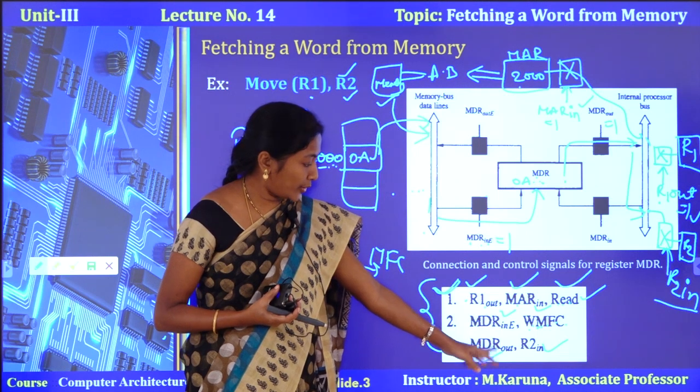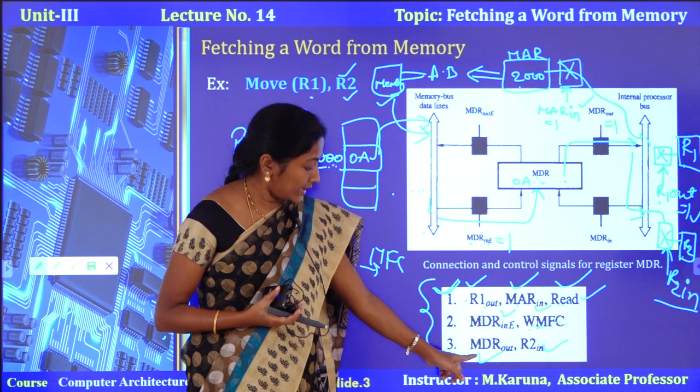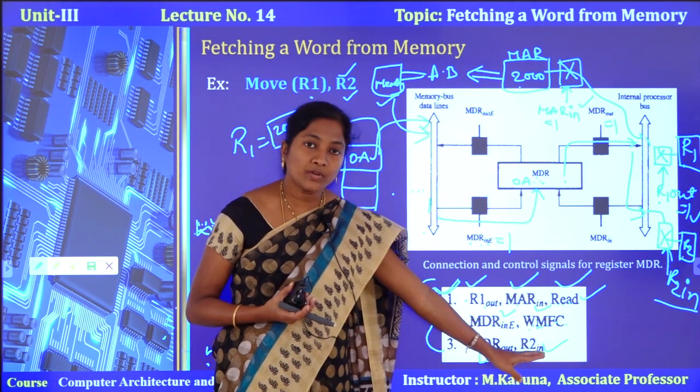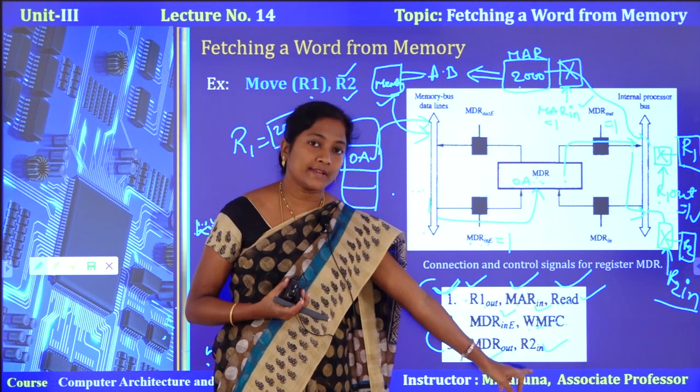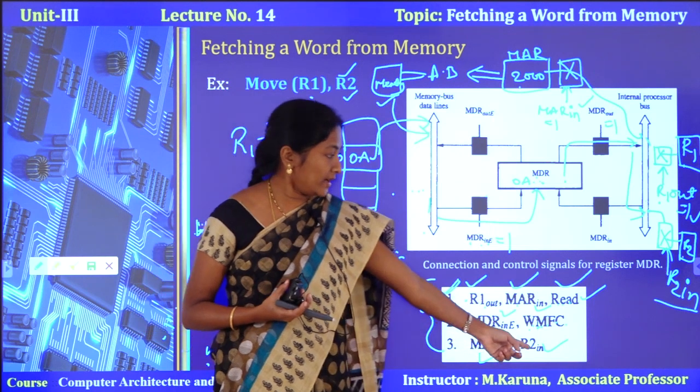So, the processor collects the data from the MDR register by making MDR out equal to 1 and R2 in equal to 1. Here R2 is the processor register. So, the processor gets the data into its register R2.